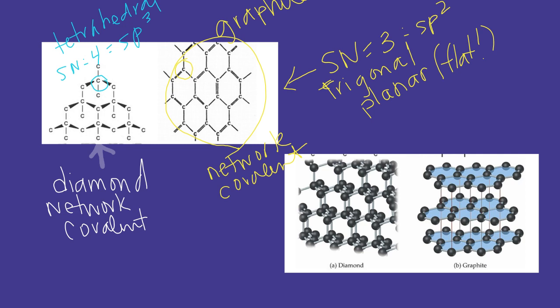So with diamond, its 3D structure is going to be the same as the structure we just spoke about. Okay, so in every direction, it's sp3 hybridized, tetrahedral, and that's what makes up its entire 3D structure. Everything within it is network covalent.